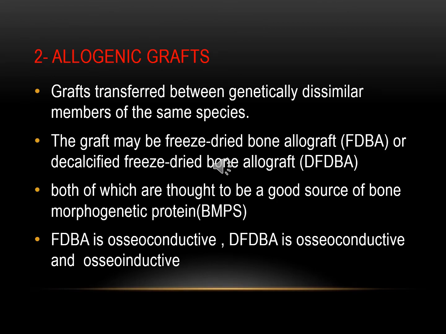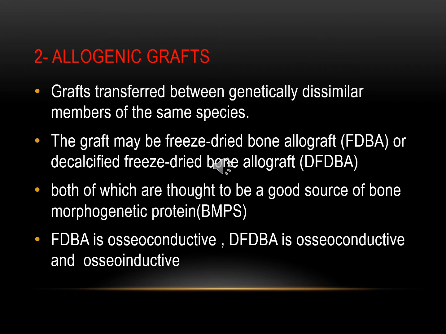The second type of bone graft, according to their sources, is allogenic graft. Allogenic grafts are grafts transferred between genetically dissimilar members of the same species.